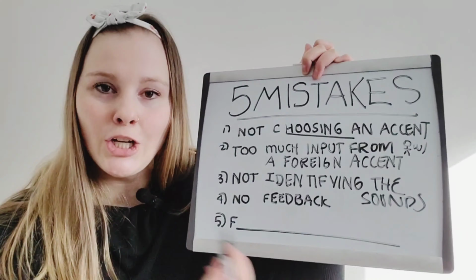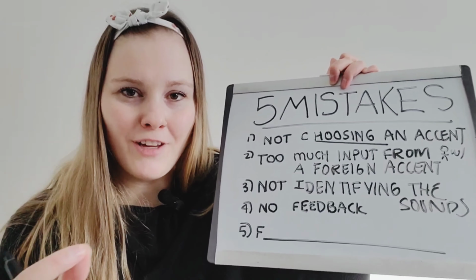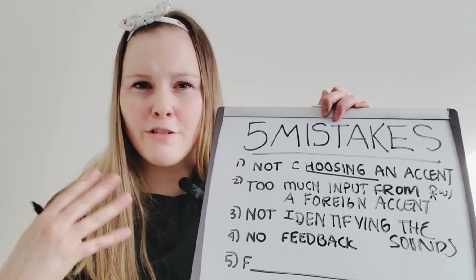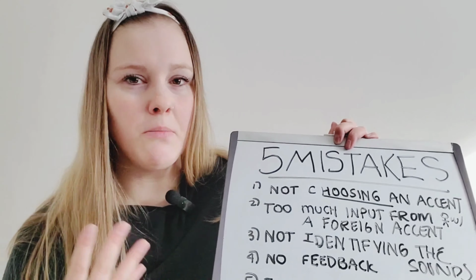Number 4, fourth mistake is no feedback. Not getting feedback from your English coaches, teachers, or even your friends that are native speakers that are able to help you. Like I mentioned in my accent reduction framework mini course, I mentioned that if you are going to work on a sound to improve, if you're going to target a sound, let's say you cannot pronounce the TH sound, right?